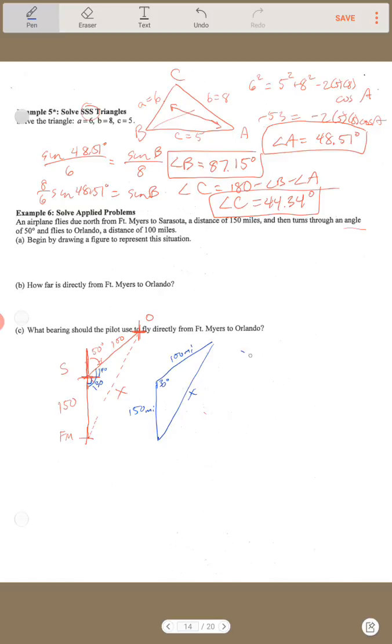We've got x squared equals 100 squared plus 150 squared minus 2 times 100 times 150 times cosine of 130 degrees.